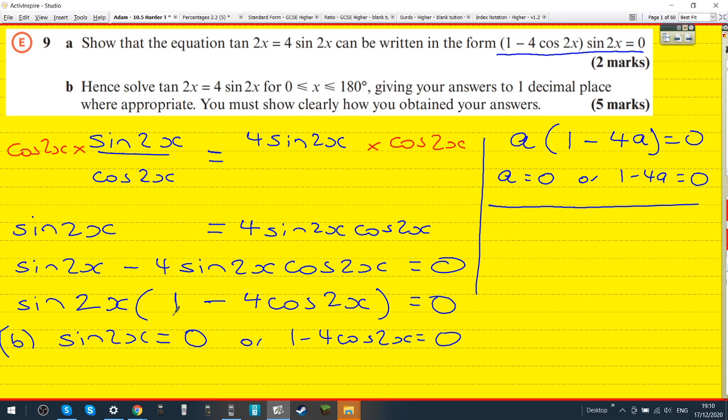So for sine 2x equals 0, would that be 0? So one solution is 0. Yep. Any other solution?